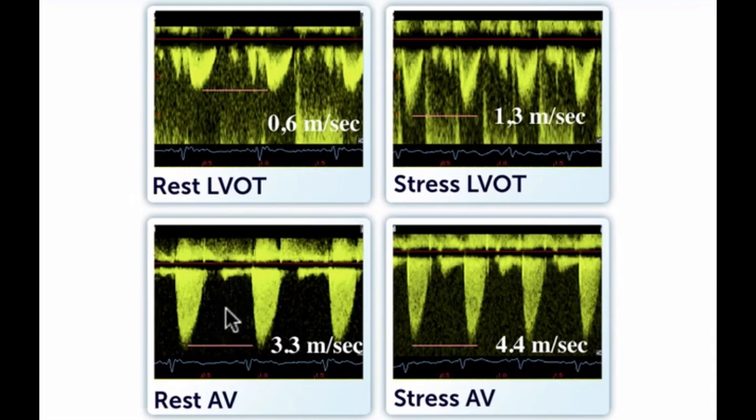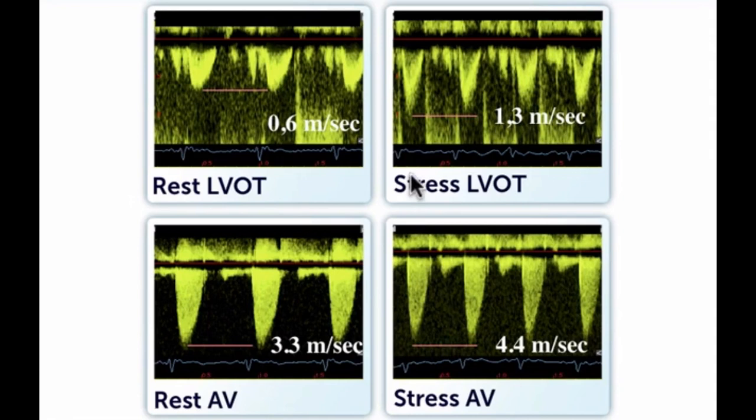The resting AV velocity is only 3.3 meters per second, and when we give the patient dobutamine, we will see a significant increase of peak AV velocity up to 4.4, pointing to severe aortic stenosis.